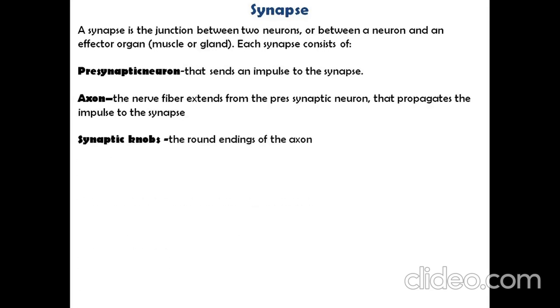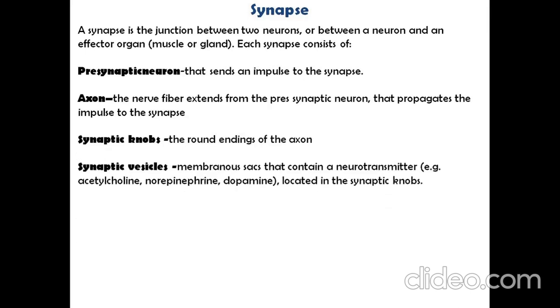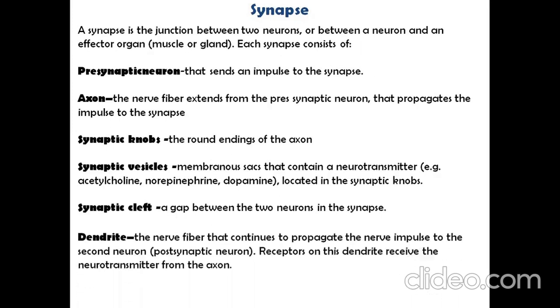Synaptic knob, the round ending of the axon. Synaptic vesicles, membranous sacs that contain neurotransmitters, for example acetylcholine, norepinephrine, dopamine, located in the synaptic knob. Synaptic cleft, a gap between the two neurons in the synapse.